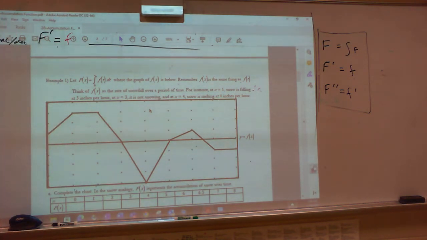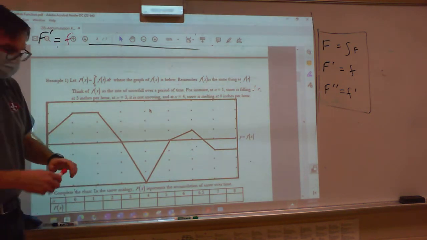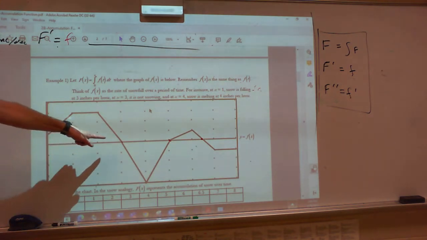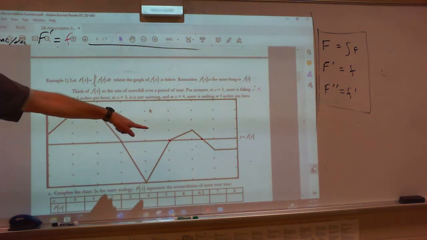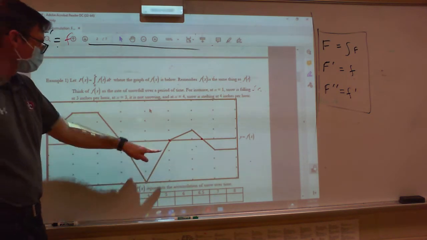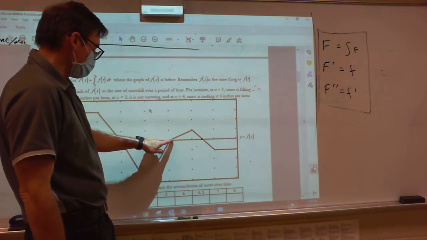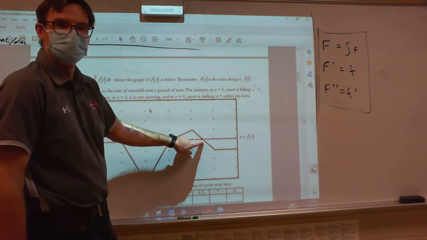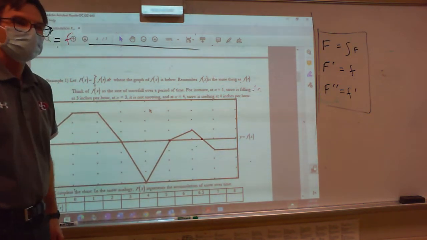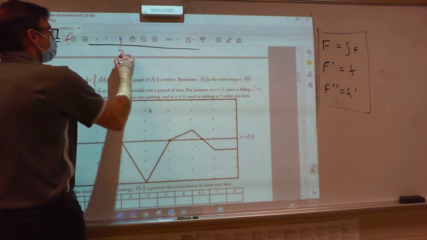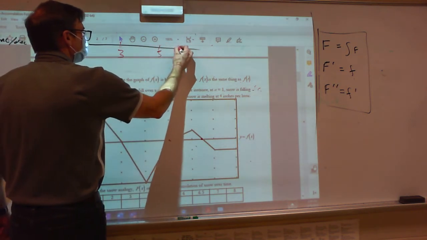I don't know a thing about big F prime, but do I know where little f is 0? Where is f 0? 3, 5, and 6.5. Look back at your chart. Yes, 3, 5, and 6.5.